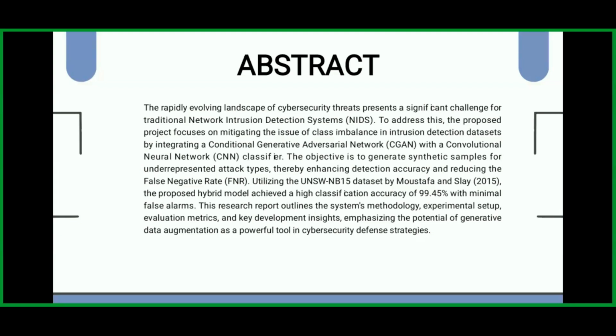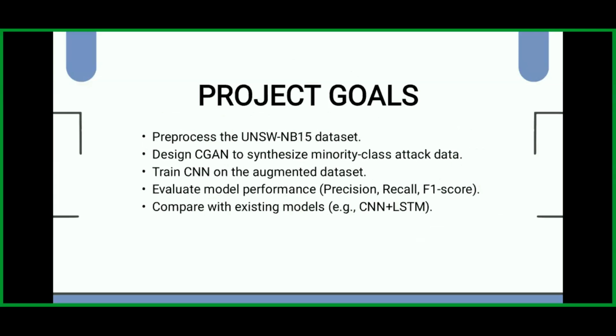So we tried to reduce the false negative rate and also improve the accuracy of the network intrusion detection system.